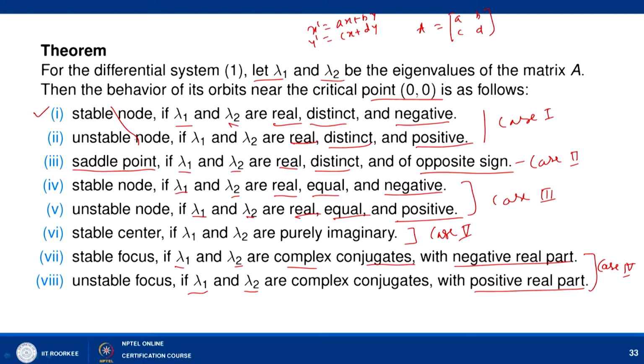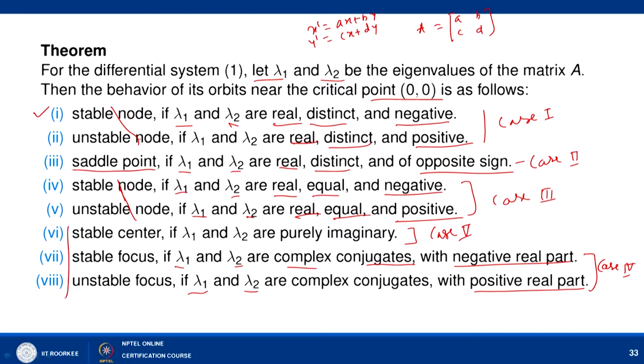It is a node if lambda 1 and lambda 2 are real and either equal or of the same sign, and it is a saddle point if they are real, unequal and of opposite sign.